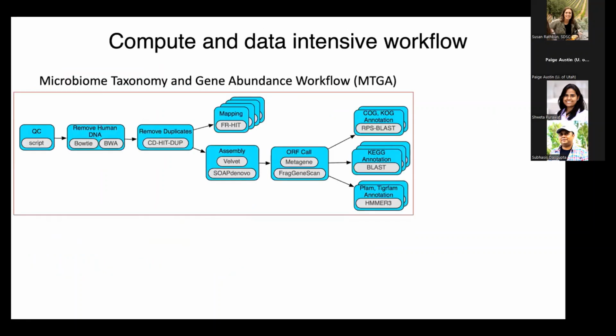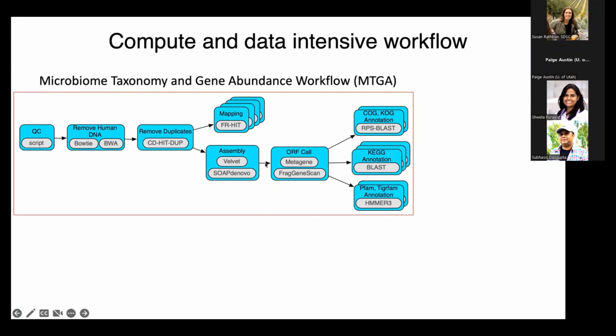Then here you see a compute and data intensive workflow, and it involves multiple steps, and you can see some steps are sequential, and then here FR hit, it's a parallel step that you can run on HPC cluster and in parallel, and then you can have two branches in your workflow.